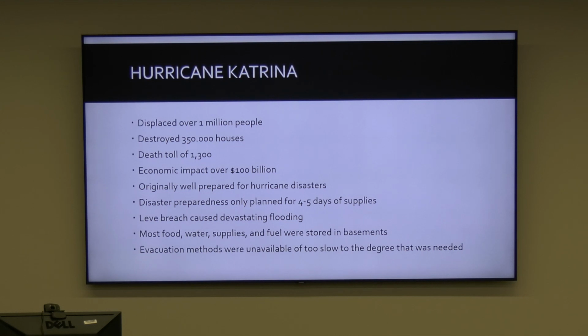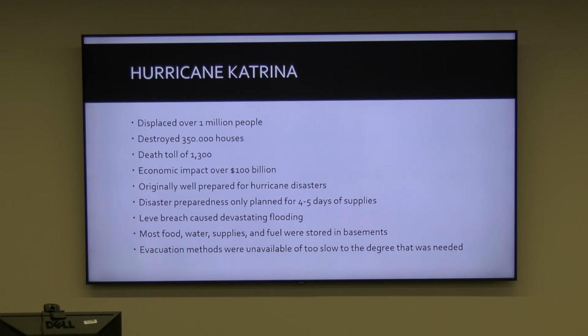However, hospital preparedness only planned for about 4 to 5 days of supplies, and then having the levee breach caused some devastating flooding. And to make things worse, most of the food, water, supplies, and fuel were all stored in basements. So when the levees breached, all the flooding completely destroyed all the supplies that were stored in the basement, and that became more or less unusable.